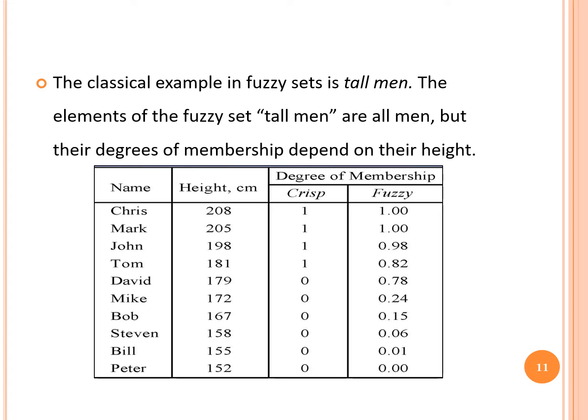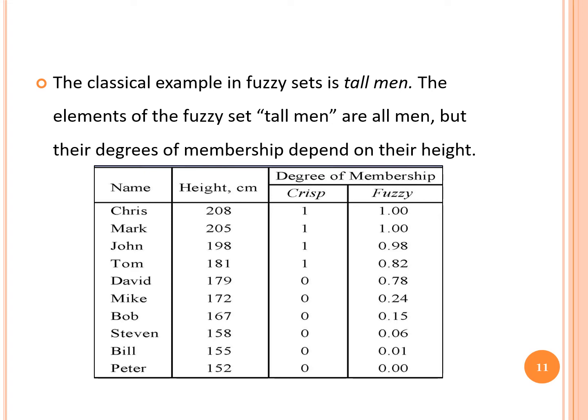In crisp, as we discussed before, we have only one: either true or false, zero or one. As we draw a line, if you are less than 180, you are considered false, not a tall man, whereas if you are 180 or above, you are considered a tall man.